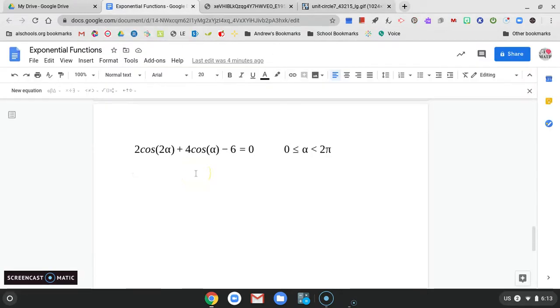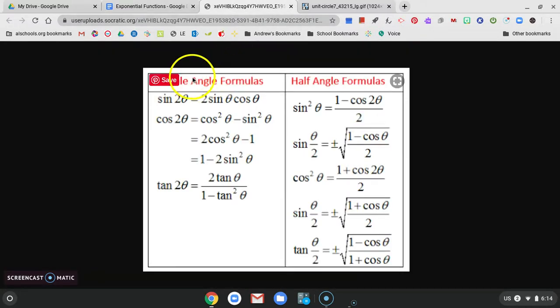Here we go. Okay, we've got a double angle here, 2 alpha, and we've got an alpha here, so that doesn't help us. But the 2 alpha, we can make a substitution. There are a couple of different double angle formulas, and this is in the notes from Newton. So cosine of 2 theta has 3 different substitutions that can be used.